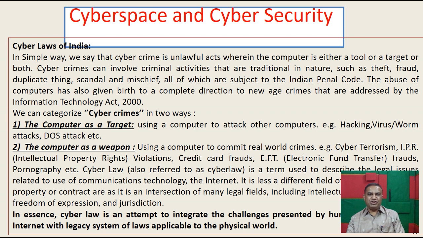We can categorize cyber crimes in two ways. First, the computer as a target, using a computer to attack other computers, for example hacking, virus or worm attacks, and DOS attacks. Second, the computer as a weapon, using computers to commit real world crimes, for example cyber terrorism, intellectual property rights (IPR) violations, credit card frauds, EFT (electronic fund transfer) frauds, pornography, and the like.